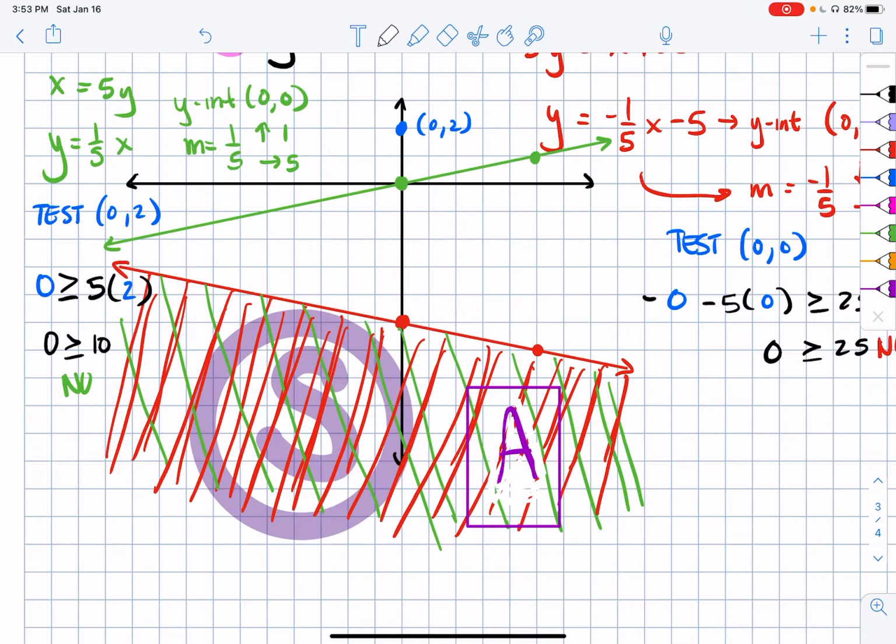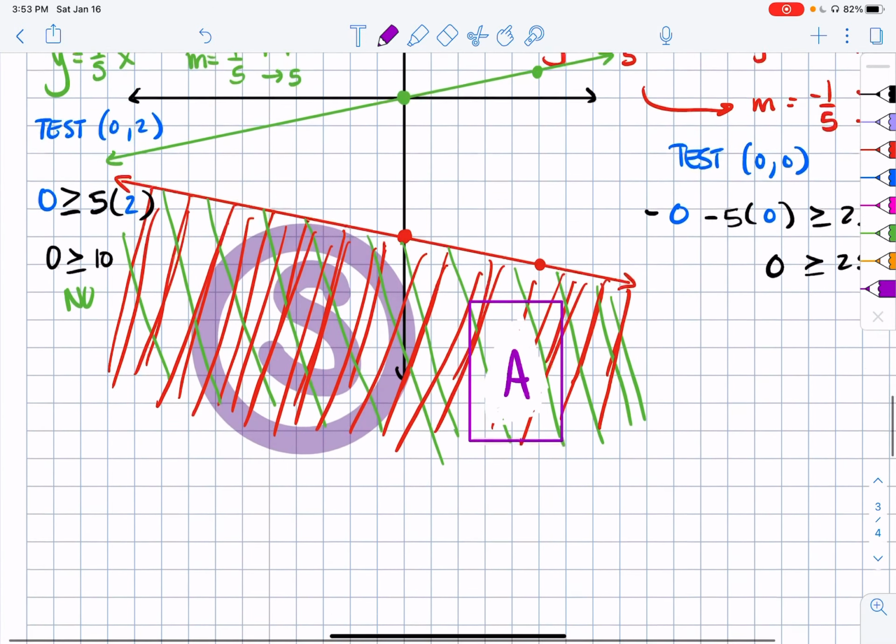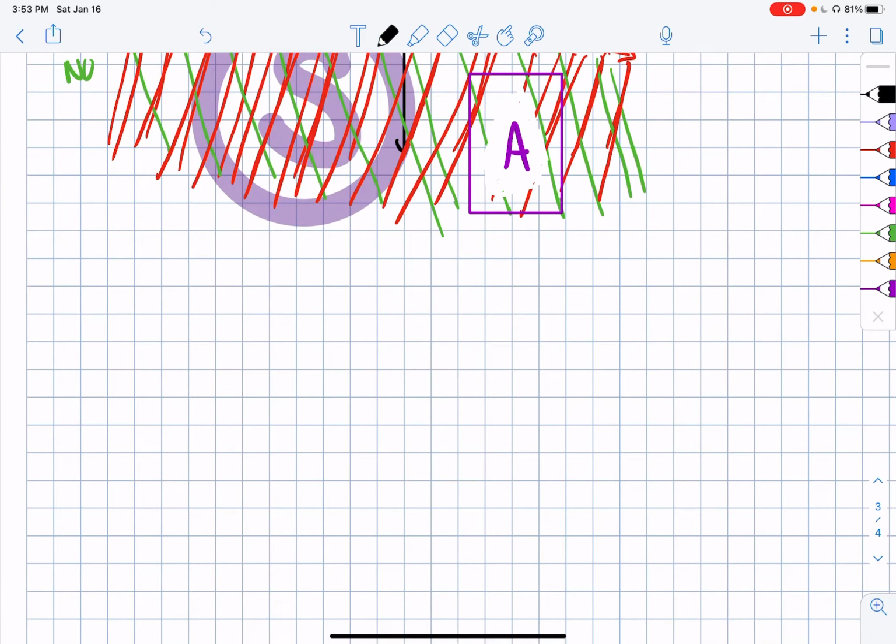Here's choice A. Actually, you know what? Let's just do this. Oopsies. Not what I want to do. There we go. That worked better. Okay, so that was number 6. So on to number 7.